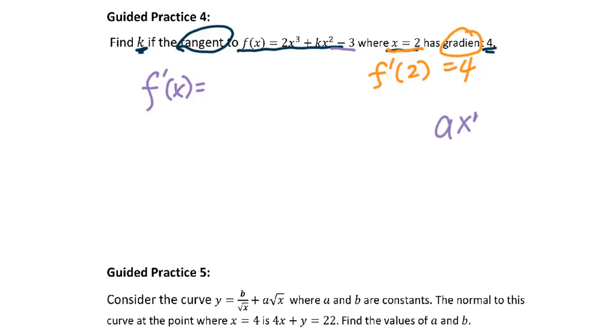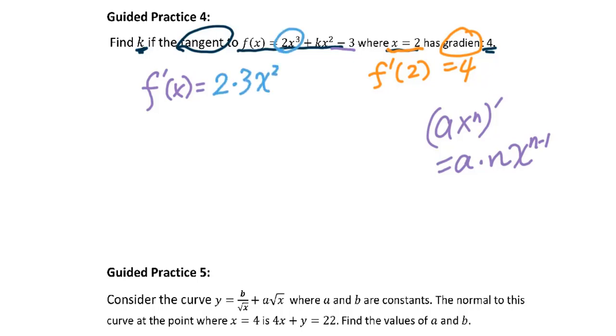Remember, here is the formula: the coefficient stays, then n times x to the n minus 1. So you have 2 times, let's focus on the first one, 3x squared plus k is a coefficient times 2x. The constant number will be 0. Therefore, we simplify to 6x squared plus 2kx.